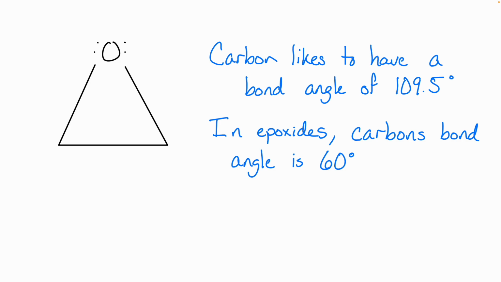Right? Meaning this angle right here in my little triangle is 60 degrees. All right? So the bottom line is carbon's mad. Okay? Carbon wants to have a much wider bond angle. We're forcing it into this little triangle here, and this leads to what's called angle strain.